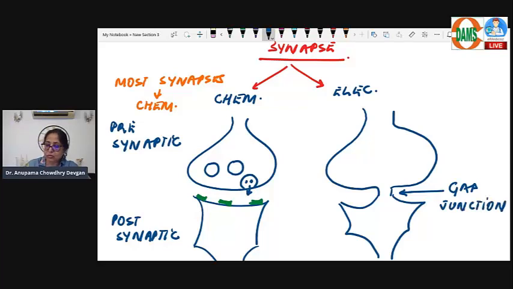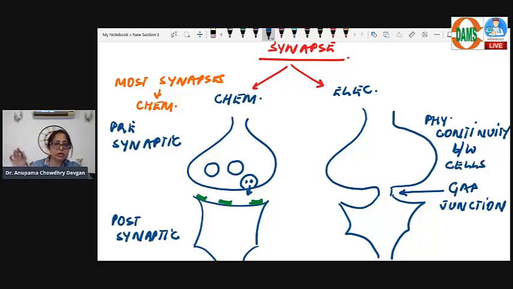That is what is known as an electrical synapse. But electrical synapses are very few. The majority of synapses are going to be chemical. Remember, there is a chemical and an electrical synapse. Okay?